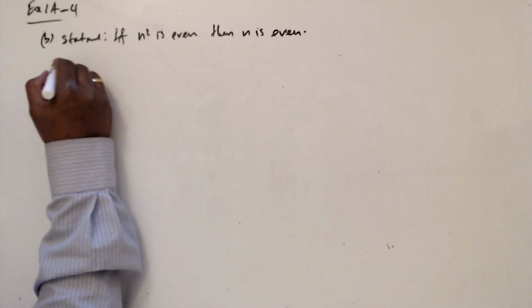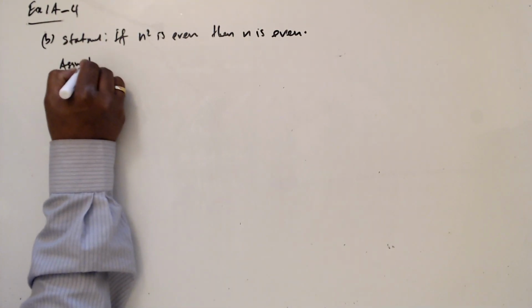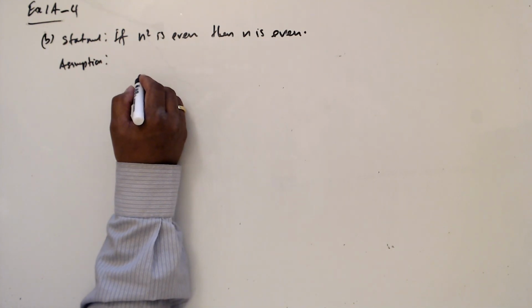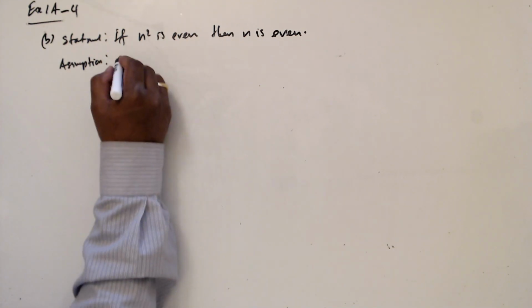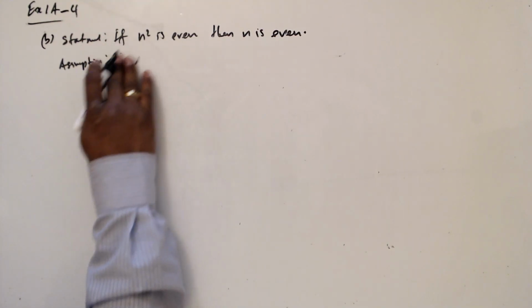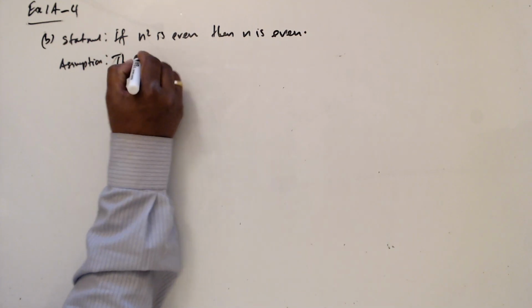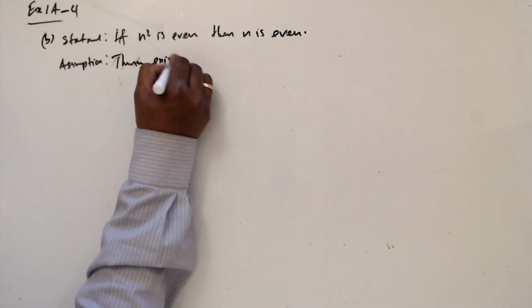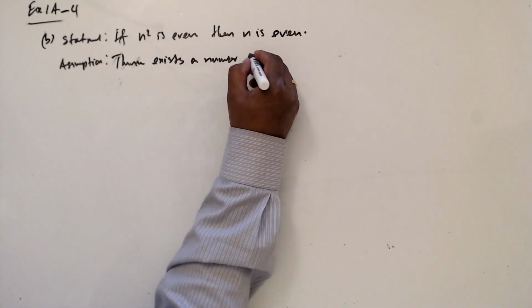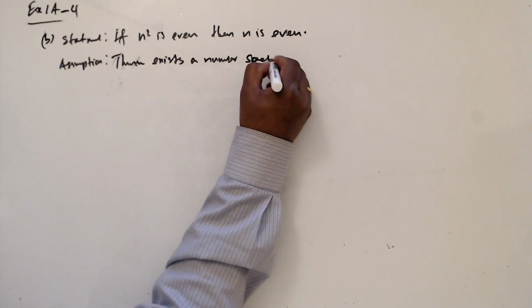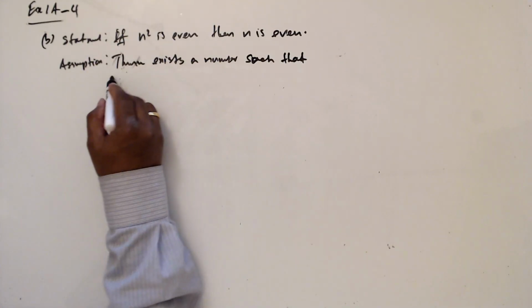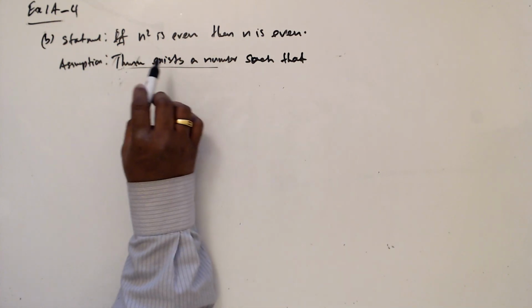So the assumption is there exists a number n such that, if we see an if term, usually we start like this as well.